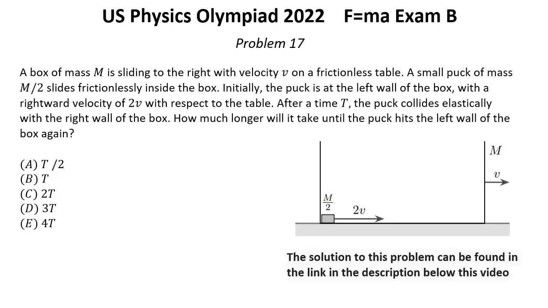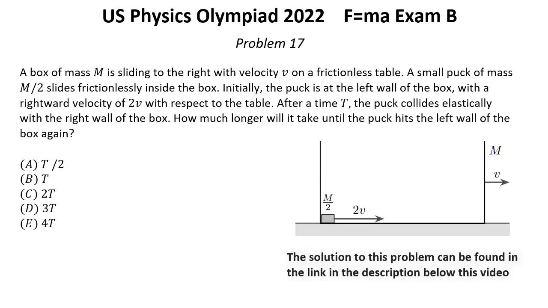Problem number 17. A box of mass big M is sliding to the right with velocity v on the frictionless table. A small puck of mass m over 2 slides frictionlessly inside the box.